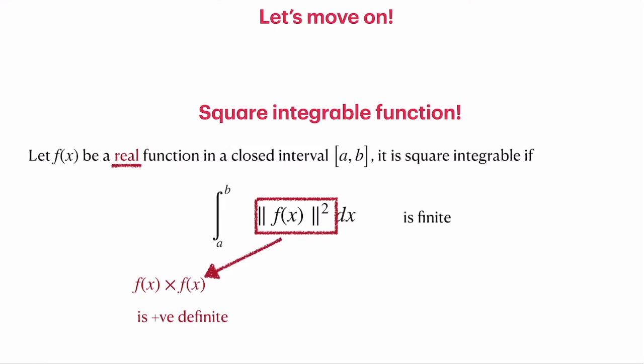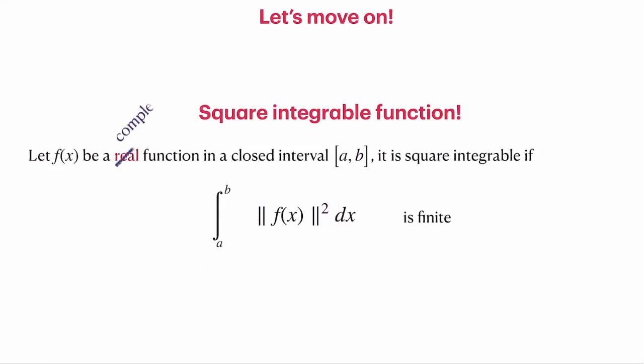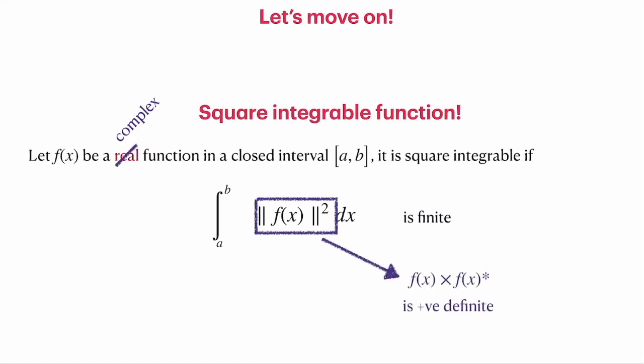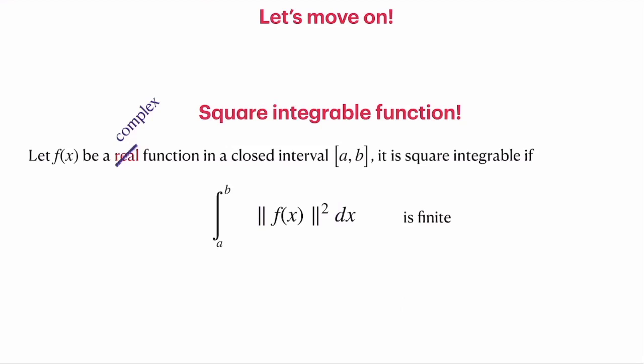Of course, we can define this for a complex valued function too, and in such a case we have to replace f squared with f times its complex conjugate, which again becomes positive definite, and this integral has to be finite. That is what we call an L2 function.